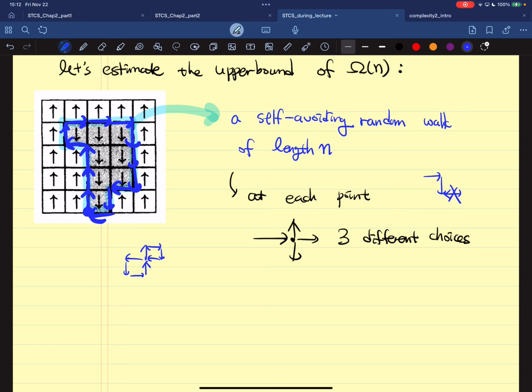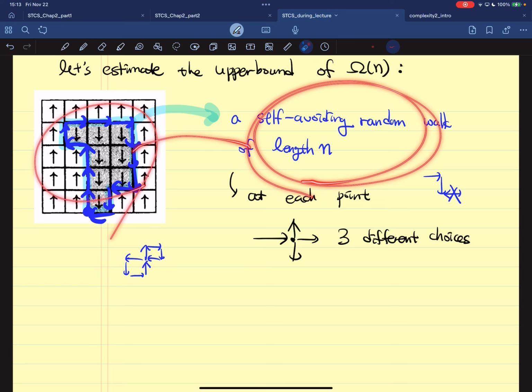It's a 3 domain then. So this grossly overestimates the number of such domains, because every domain should satisfy this condition, but not all the walks satisfying this condition can be a single domain.